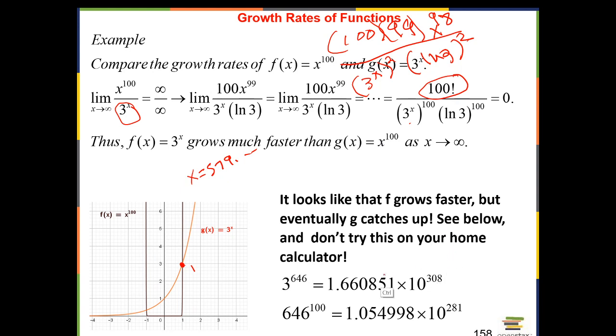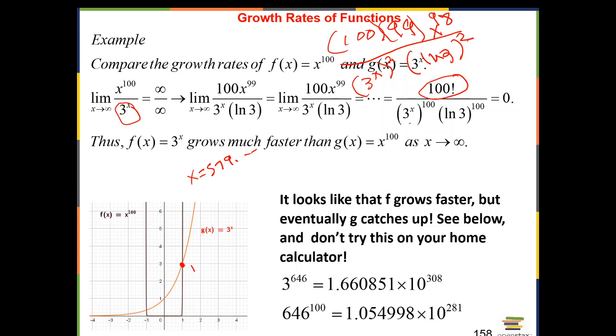As you see over here, before you get to 579, it looks like x^100 is much bigger than 3^x. But look at here. When you get to 646, 3^646 is this huge number, which you can't even calculate with a calculator.